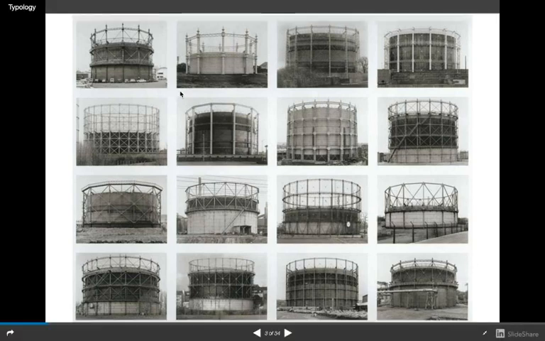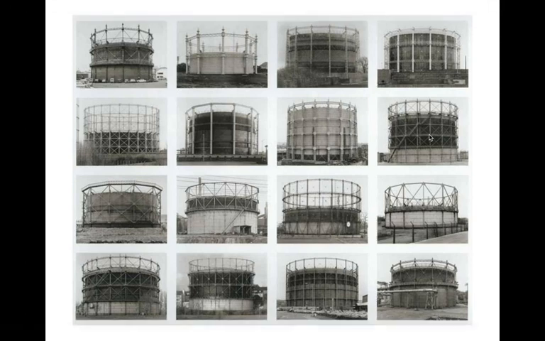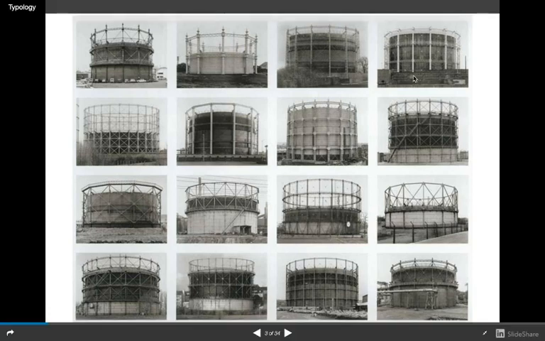So you can see here that by and large the subject matter is very similar. They're not identical. That's not the idea here, but they're very similar. So they're all cylindrical. They all have some sort of steel skeleton that's involved in them. They are all done in black and white. They are all shot from the same perspective.